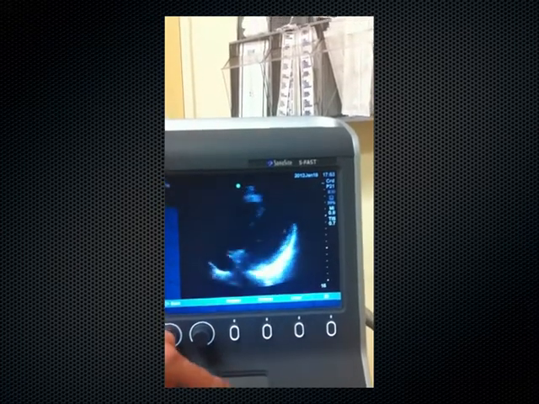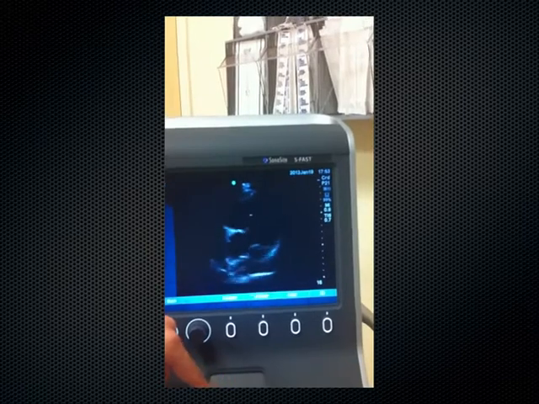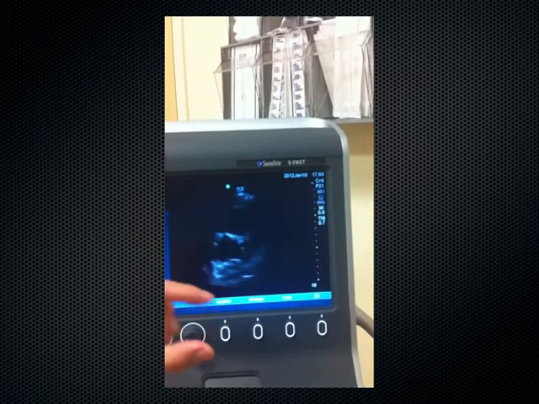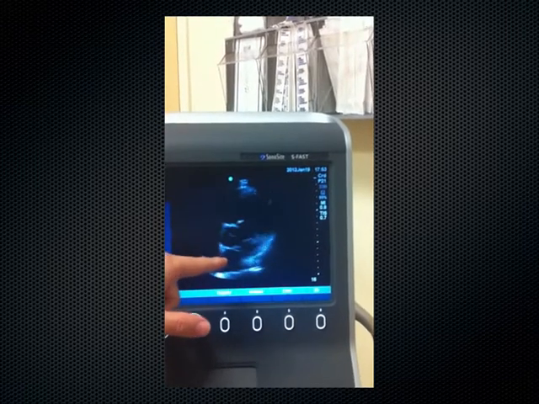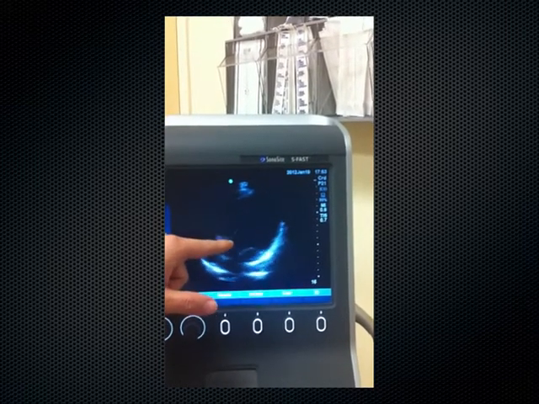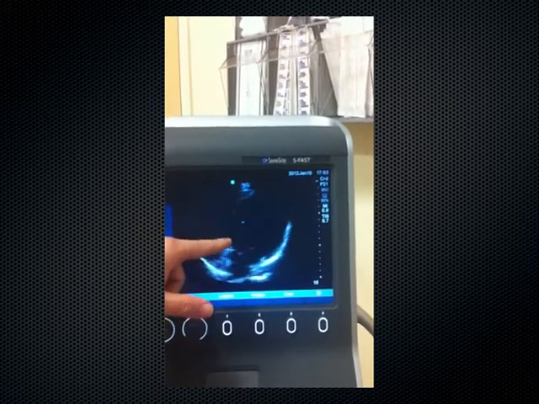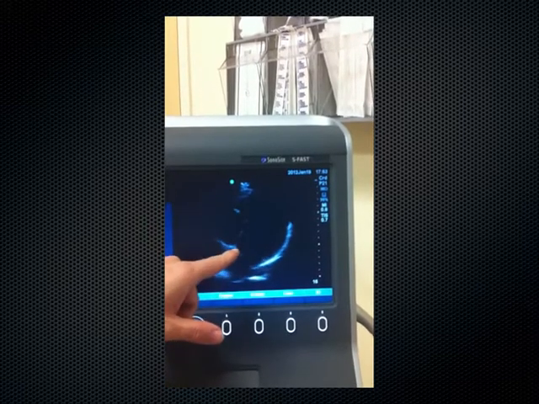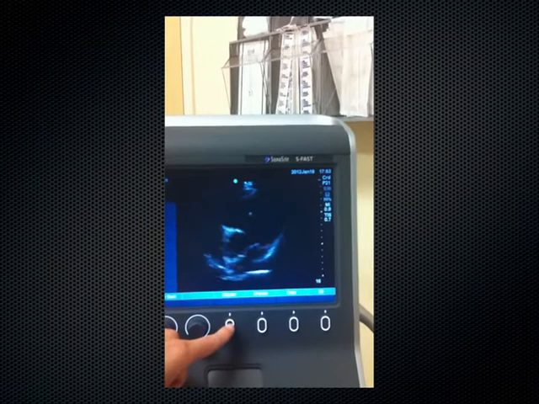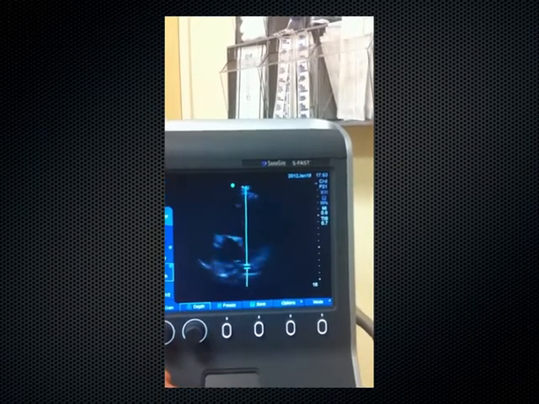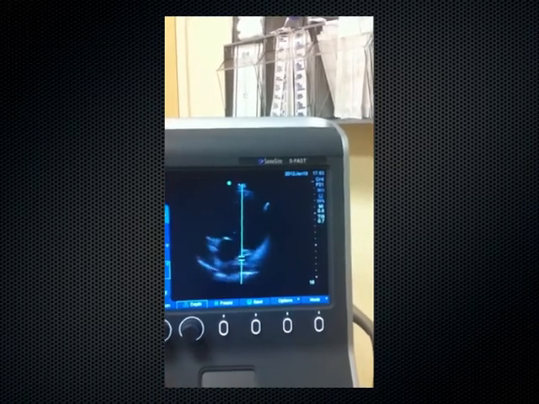And so in order to get a cardiac output, we already had the left ventricular outflow tract diameter. What we're going to do next is measure the pulse wave Doppler, and based on the spectral analysis, we'll be able to get an approximation of the cardiac output. So I'm going to hit that.